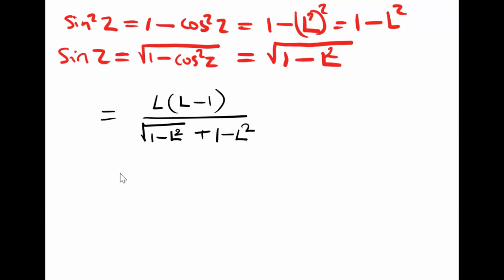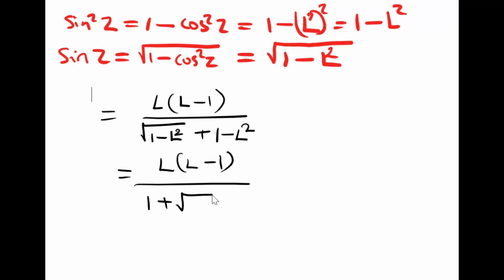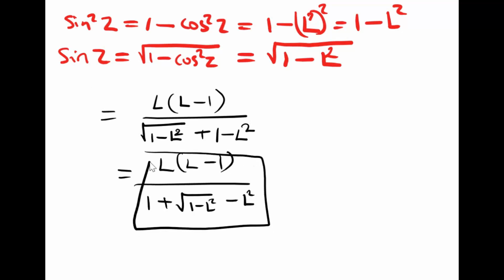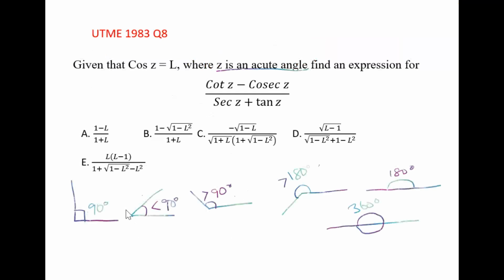We can rearrange the denominator to have the square root of 1 minus L squared plus 1 minus L squared. So this is our final answer. Going back to our options, we can see that option E is our final answer.